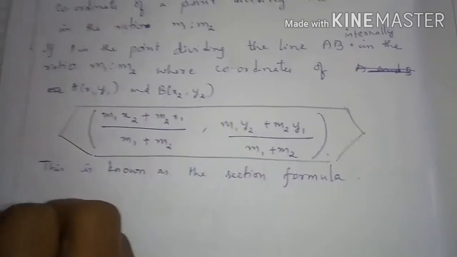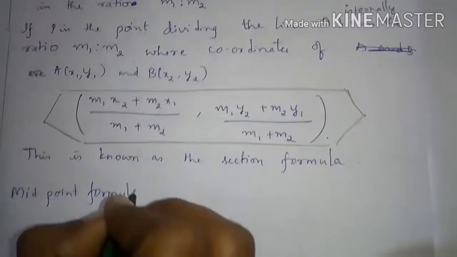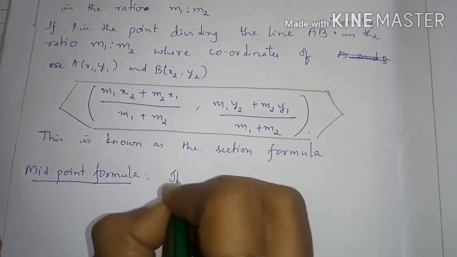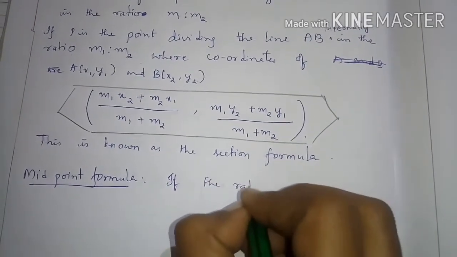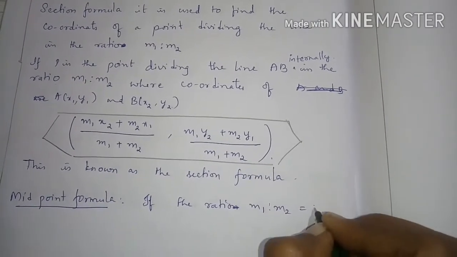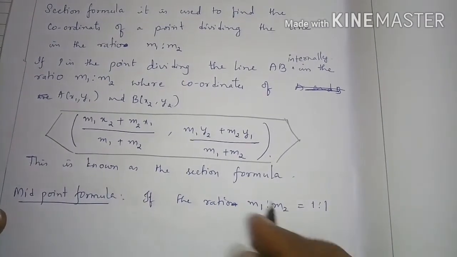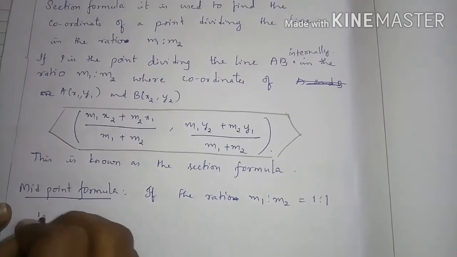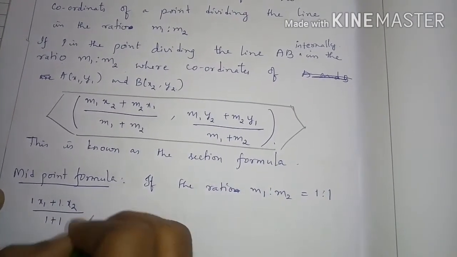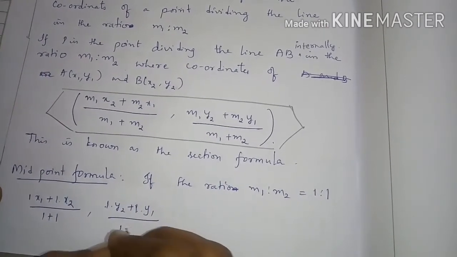Next, the midpoint formula. If the ratio m1 is to m2 is 1:1, the formula becomes 1 into x1 plus 1 into x2 divided by 1 plus 1, comma, 1 into y2 plus 1 into y1 divided by 1 plus 1.